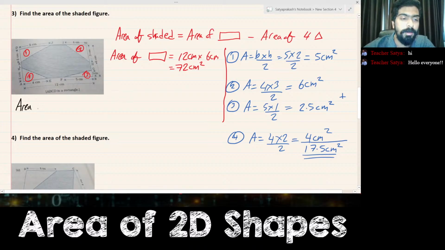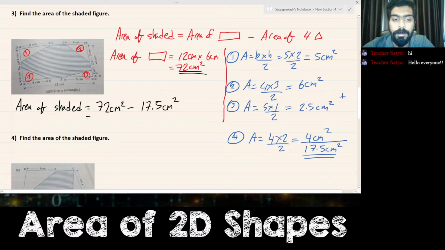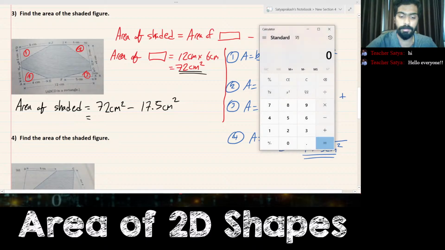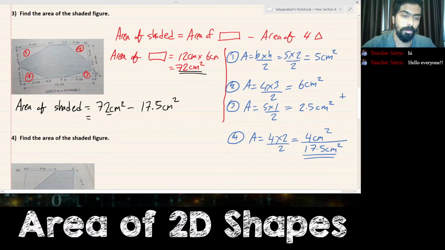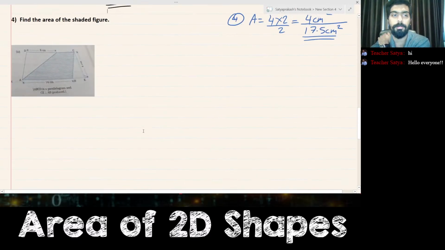So area of shaded is equal to 72 centimeter square, which is area of the rectangle, minus the area of 4 triangles, which is 17.5 centimeter square. Now if we subtract it, we have 72 minus 17.5, which is 54.5 centimeter square. Alright guys, so the area of the shaded part for this one would be 54.5, right?